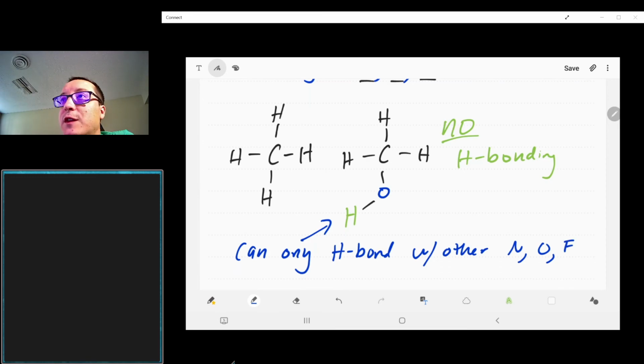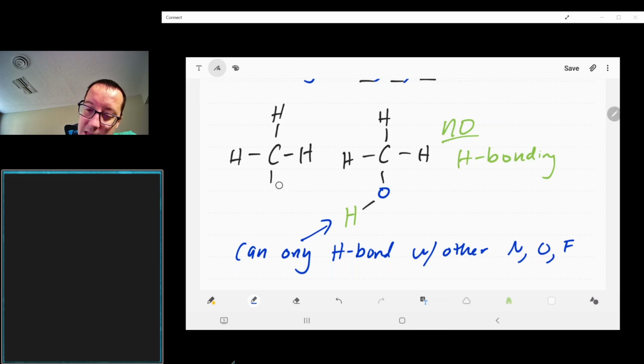So even if you have one molecule that has something that can hydrogen bond, like that hydrogen bonded to an oxygen, for these intermolecular forces you need a partner. You need to have two molecules, right? There has to be something that has an oxygen, nitrogen, or fluorine for that hydrogen to interact with. So this hydrogen cannot interact with methane.